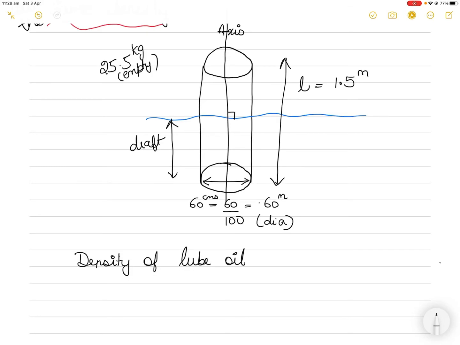If I can find the weight of the oil loaded in it, then I can add the two together and find the total weight of the drum when filled with lube oil. That is the initial purpose. So the density of lube oil is given to me as 0.78. There are no units, but I have to convert this into kilograms per metric cube to keep everything the same.